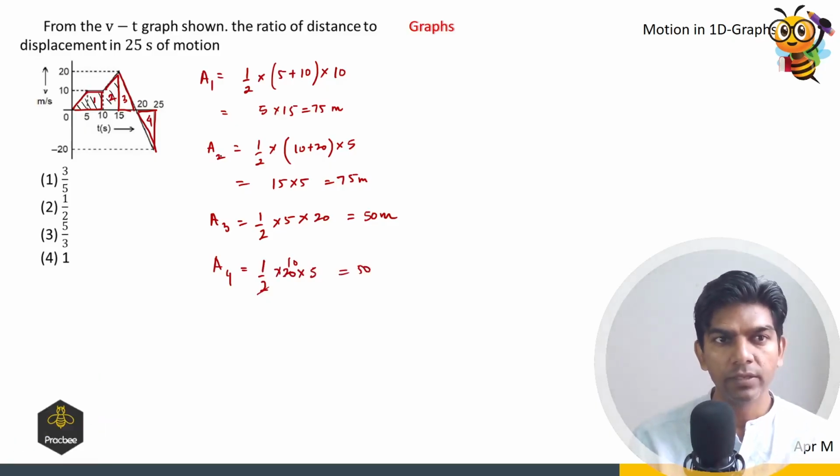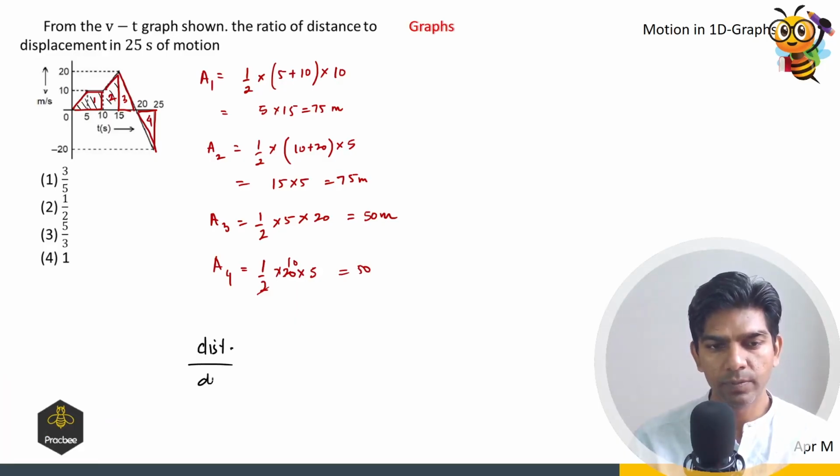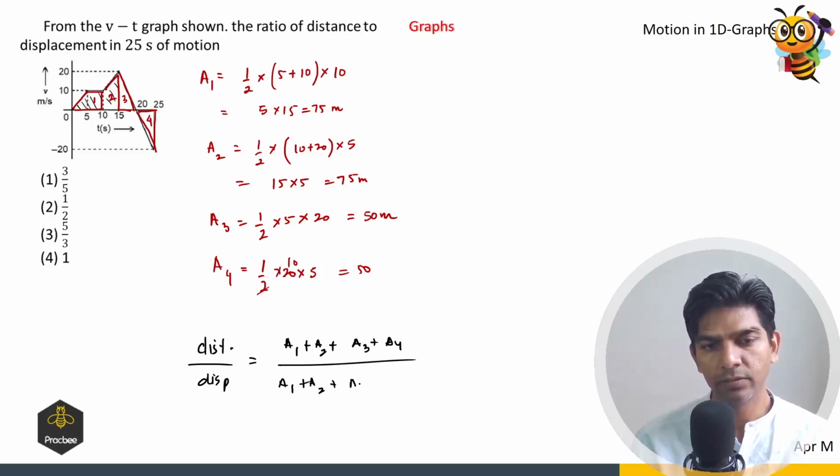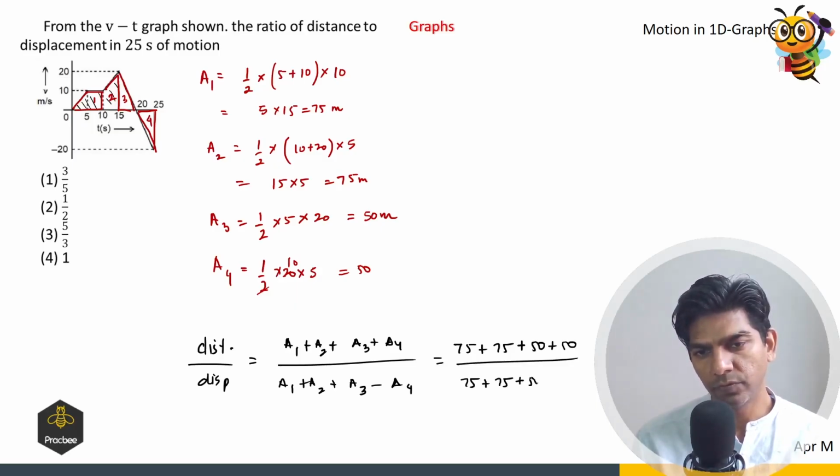So if we want to find the ratio of distance to displacement, distance will be A1 plus A2 plus A3 plus A4, and displacement will be A1 plus A2 plus A3 minus A4. So it comes out to be 75 plus 75 plus 50 plus 50 divided by 75 plus 75 plus 50 minus 50. So that will get cancelled out.